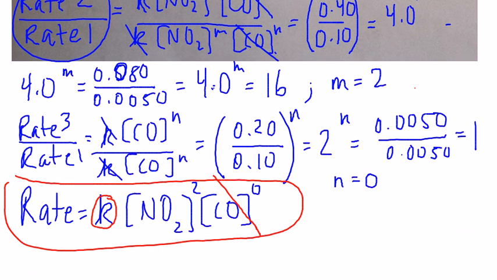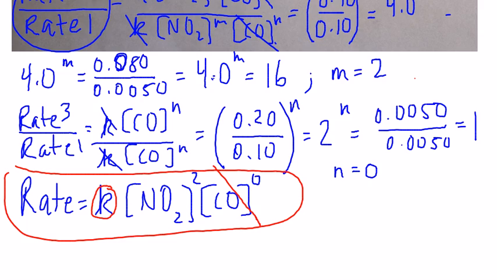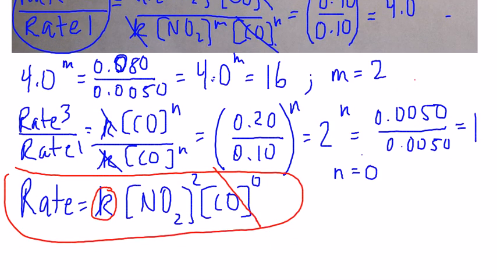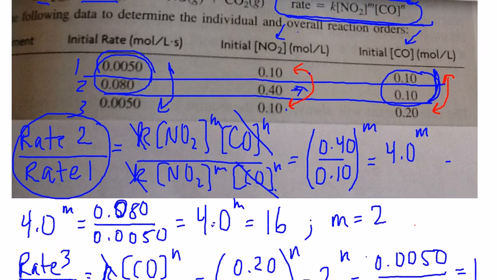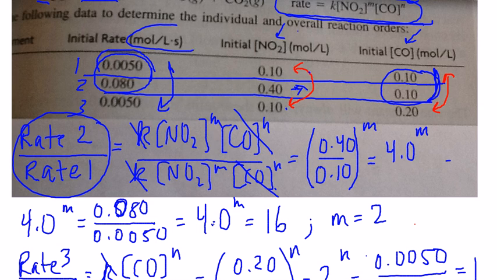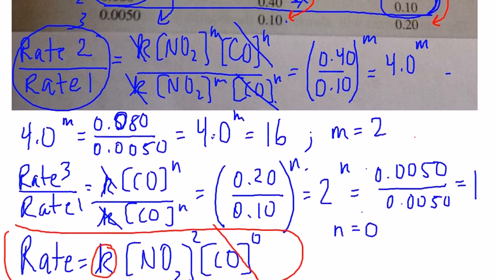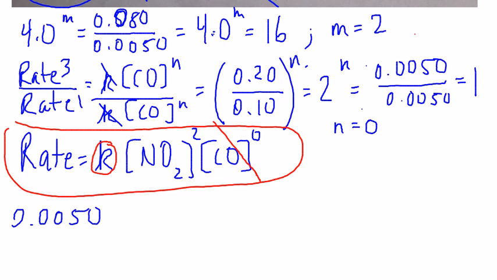So for reaction 3, the rate there was 0.050, and let's look at those units, because it becomes really important here. Moles per liter times seconds. So it's moles per liter per second.